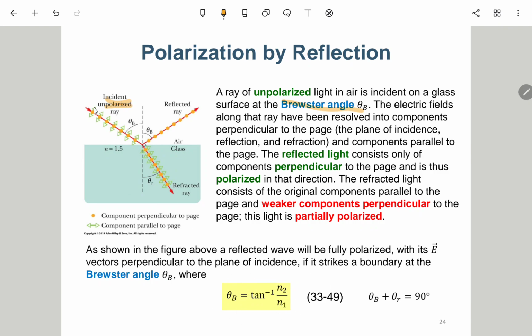Okay, so here if it is at the Brewster angle, okay, later on we'll know this is a Brewster angle. So if the incident angle is equal to the Brewster angle, then this reflected ray will be polarized, and this refracted ray will be partially polarized.